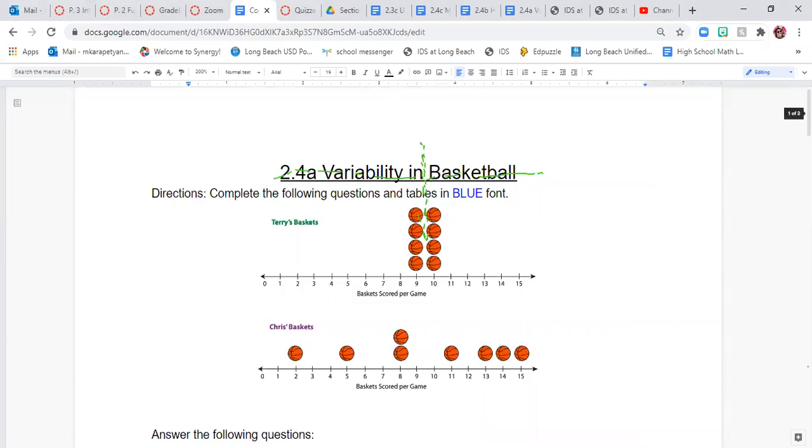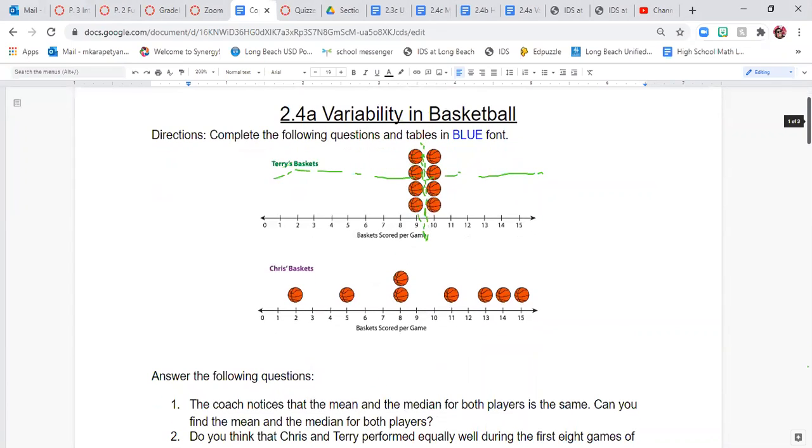Same spot here, Terry's 9.5 right there. But notice Terry's is very, very close to our mean. Our data is literally only between these two lines right here. And here is our mean right there.